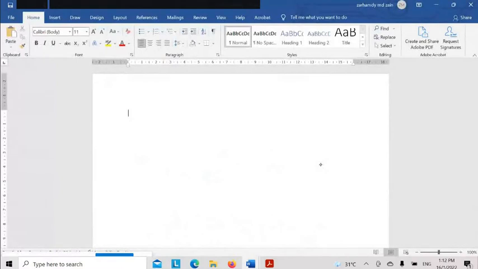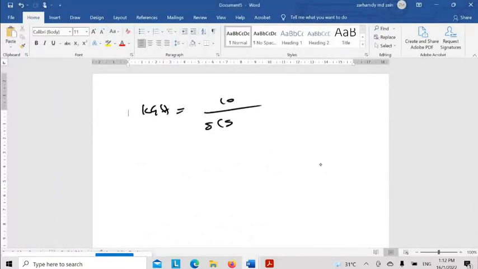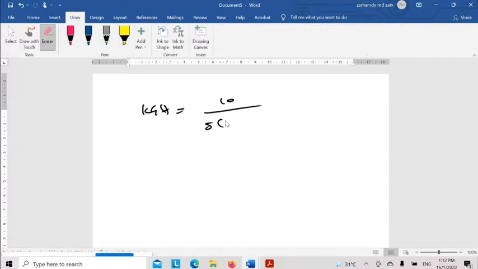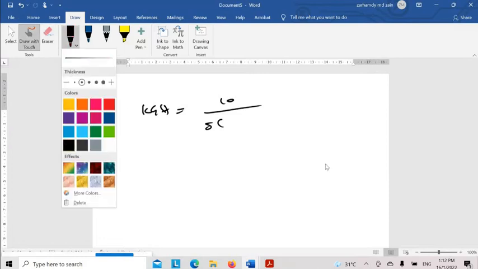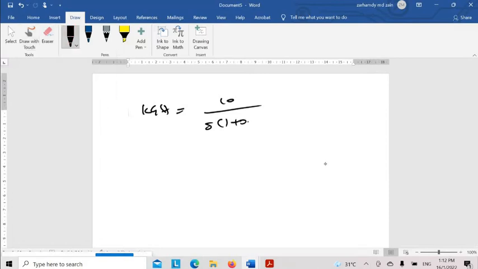Okay, now this system is like this. We have s, and we have 1 plus 0.1 s square. So what can we do here?